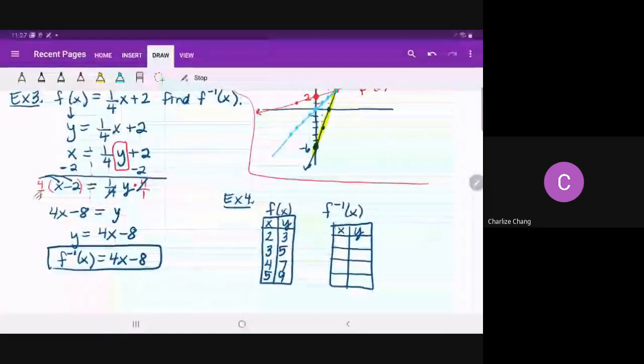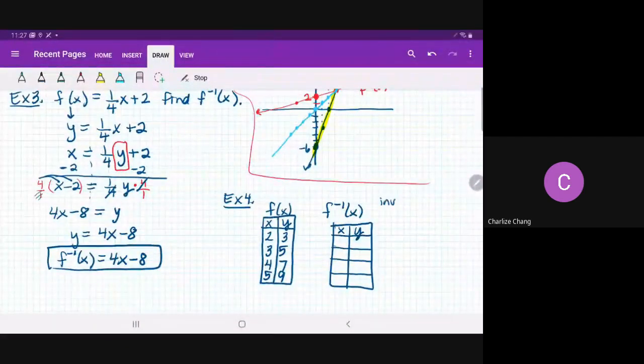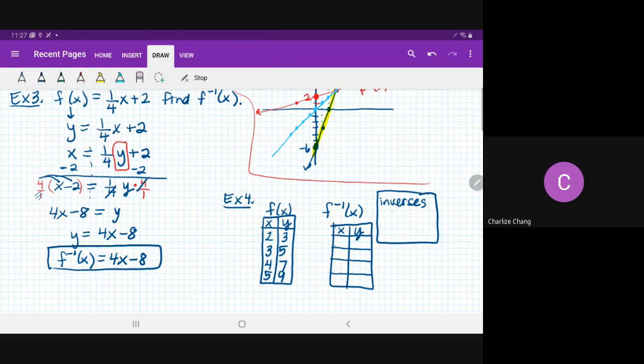What was the main topic for inverses? We put like 2 stars by it. It's this step right here. What did we do in this step that I just made an arrow and a highlight yellow?